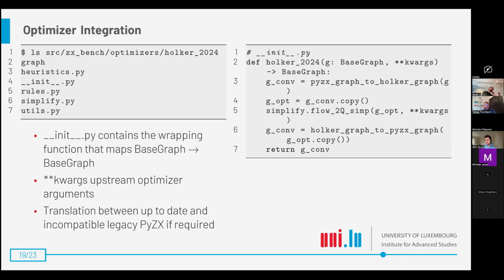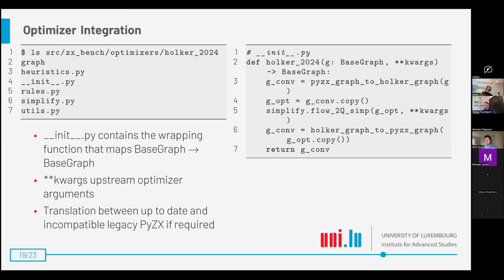It just imports the legacy PyZX functionality it needs directly as part of the module. It's not ideal, but we didn't know how we would do it differently without creating a maintenance hell.